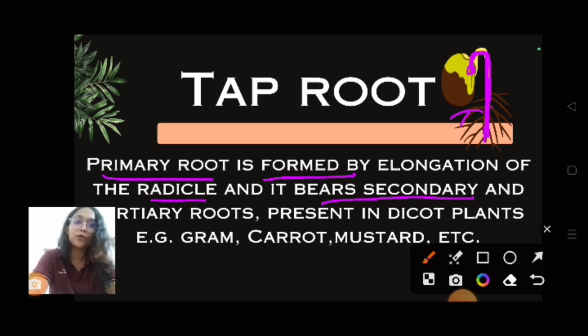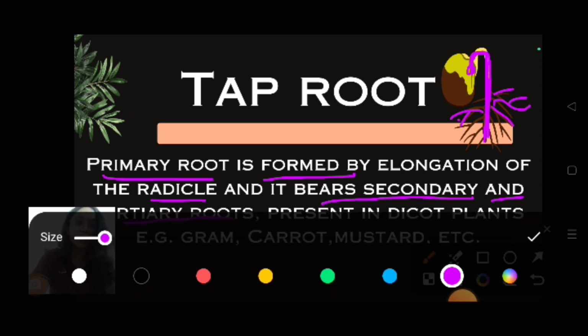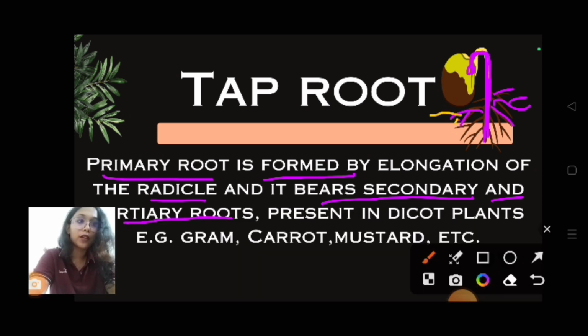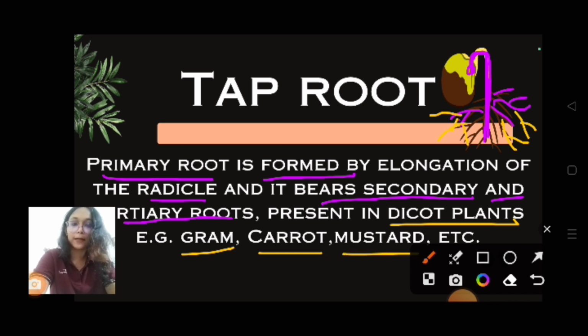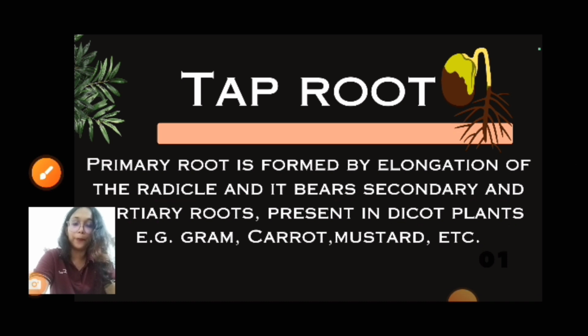These are the secondary roots coming out from the primary root, and from the secondary roots, again small structures come up, that is the tertiary roots. This can be seen in dicot plants, for example in gram, carrot, and mustard. Is it clear? The taproot system.